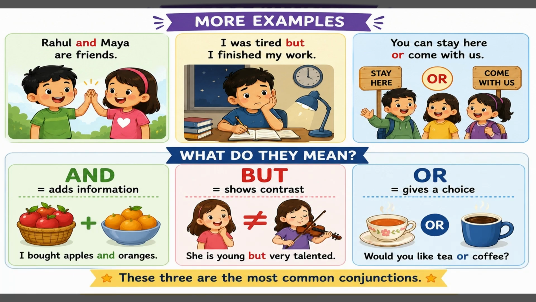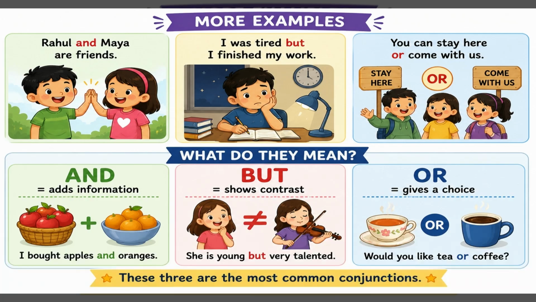The word but shows contrast. We use but when two ideas are different or opposite in some way. For example, she is young but very talented. Being young and being talented are not opposites, but shows a contrast between the two ideas.